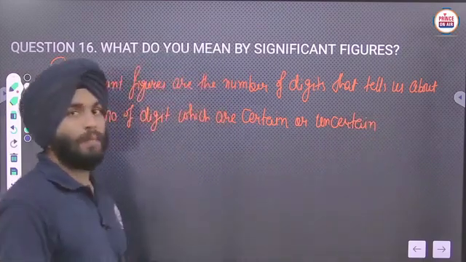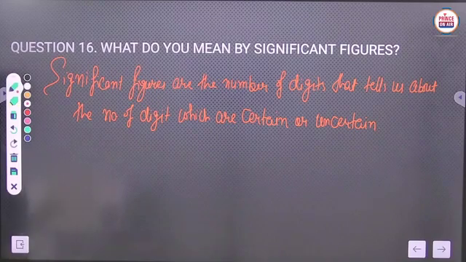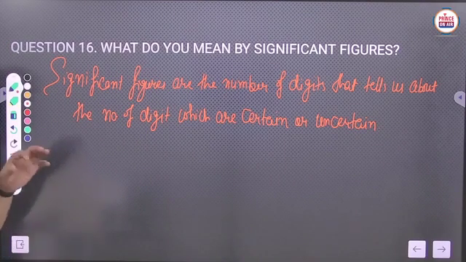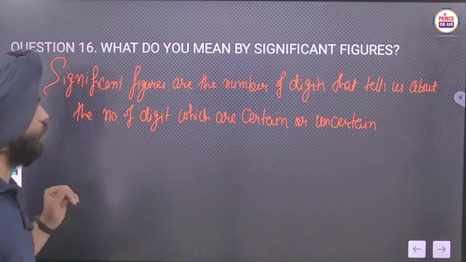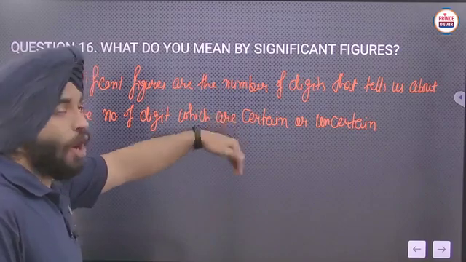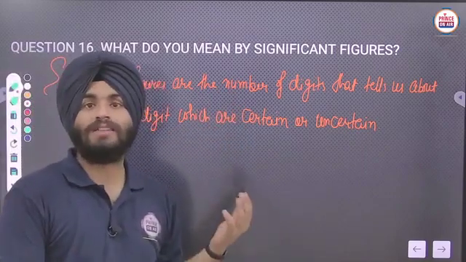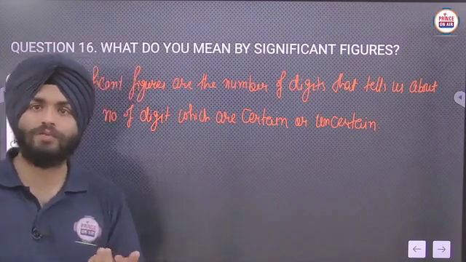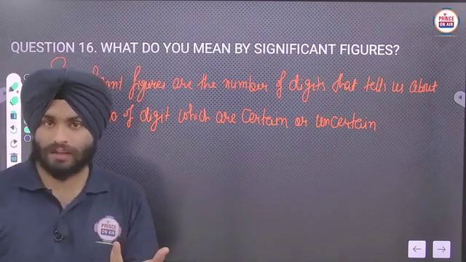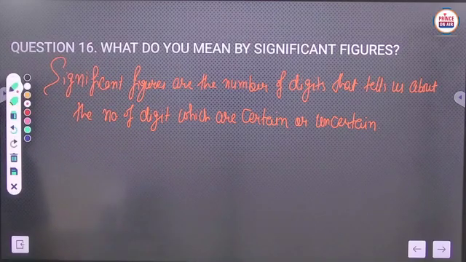Okay, clear? Means significant figures are those digits that tell us how many digits are certain and how many digits are uncertain. Obviously we are taking one digit as uncertain here. So the last digit in the number is supposed to be uncertain.